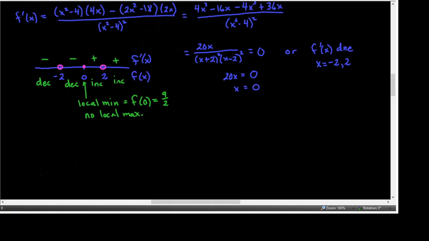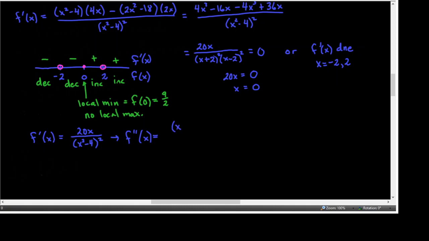The form of the second derivative, or I'm sorry, the form of the first derivative that I'm going to use is this one, 20x over x squared minus 4 quantity squared, because I think finding the derivative from that will be easier than any of the other forms. So that's still a rational function, so I'm going to use the quotient rule.